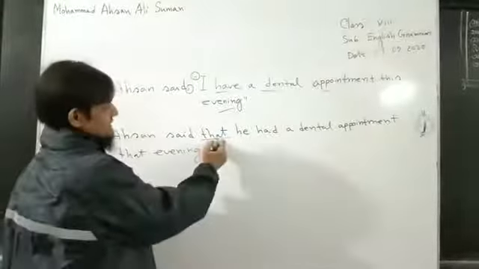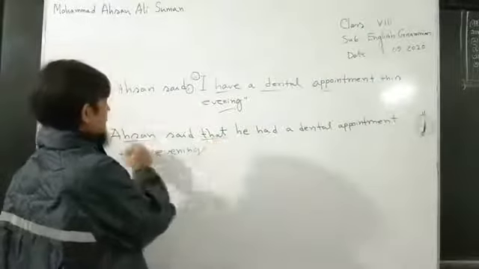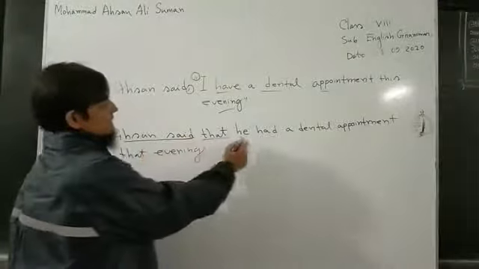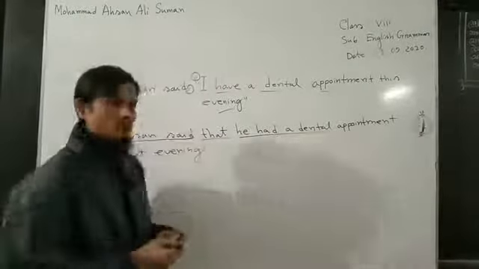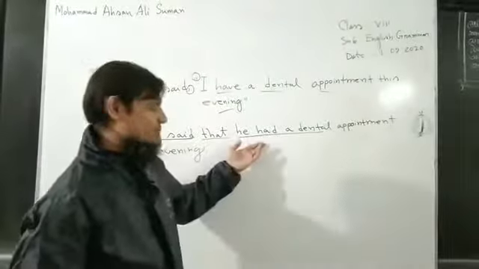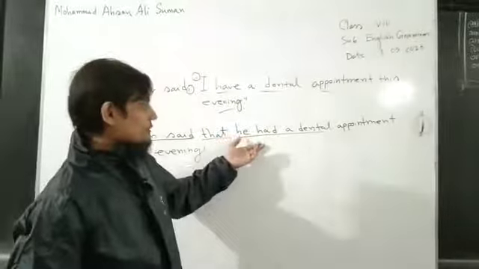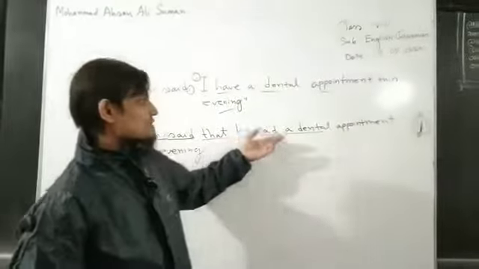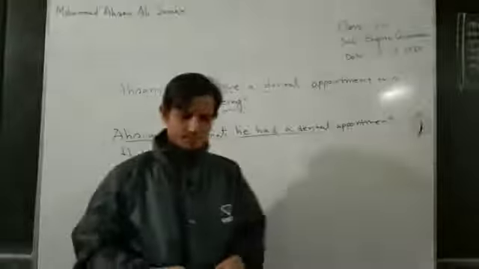Here it is "that", a linking word that joins the reporting speech with the reported speech. We also call it reported speech because, like a news reporter, we are reporting the other person's words.